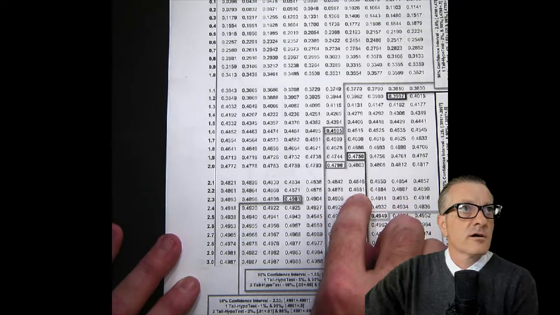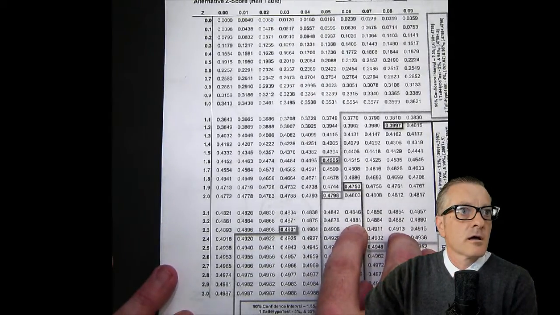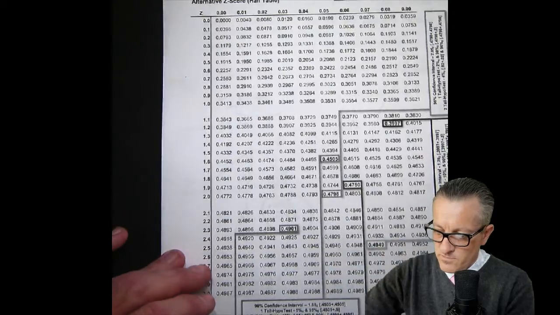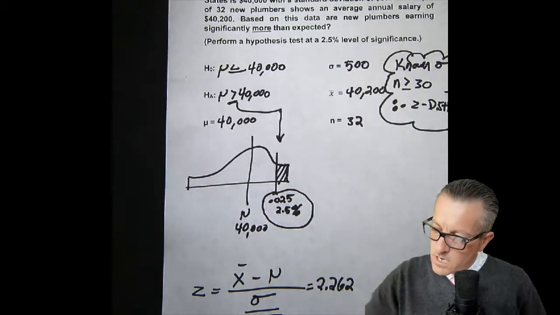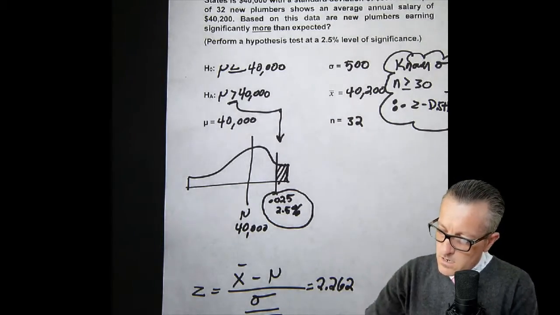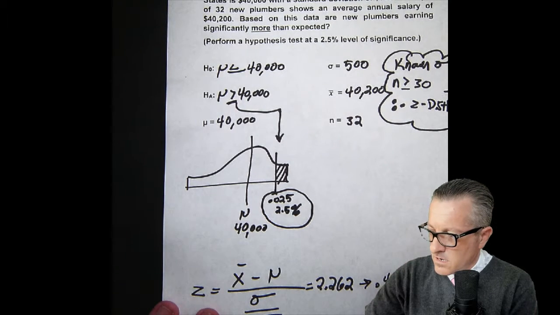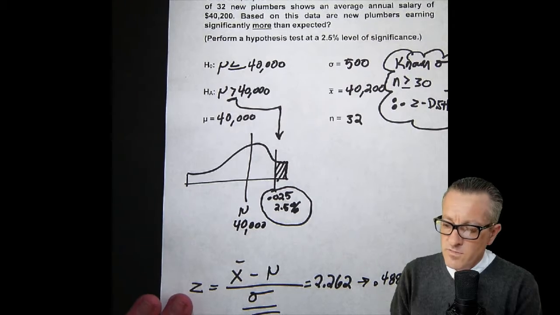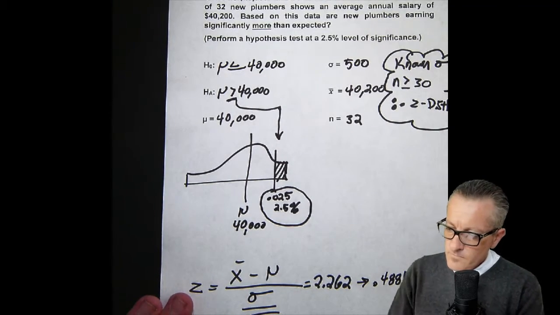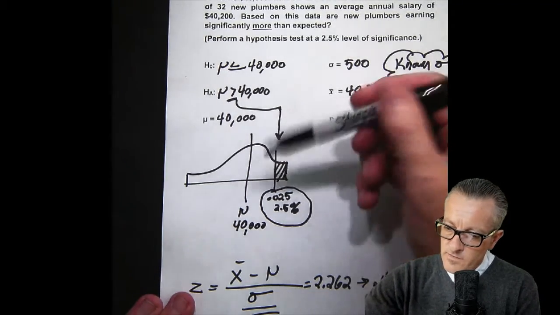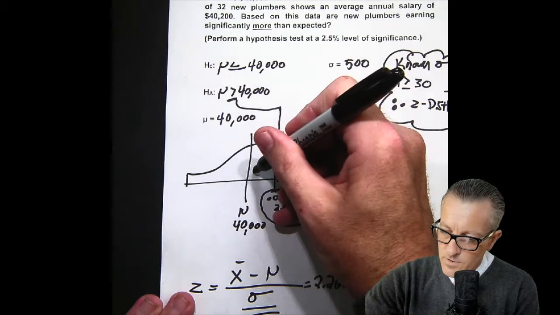2.26 is right there. Okay, so that's 0.4881. So we need to remember that, 0.4881. Okay, so that represents this area right here.